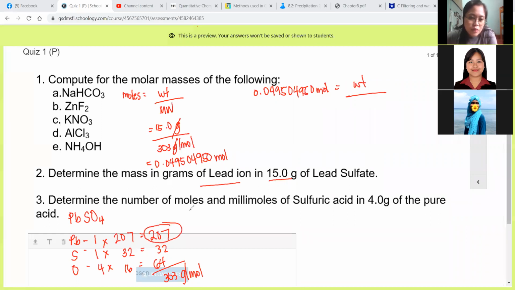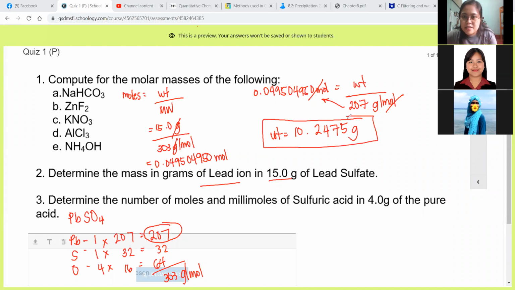We only have one atom for lead, so you'll be using the 207 grams per mole. So cross multiply, weight is equal to, makancel ang mole, kay multiply nato na siya, 207. Pila? 10.2475 grams. Okay. My instruction is 4 decimal places. So 10.2475. So this is the final answer. Okay? Question sa number 2?